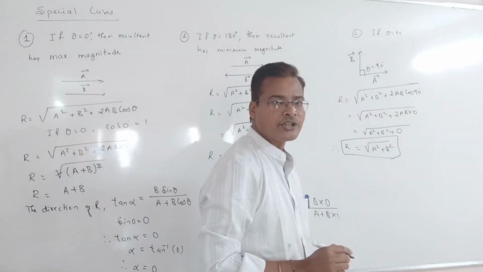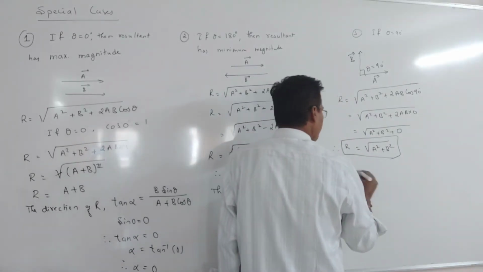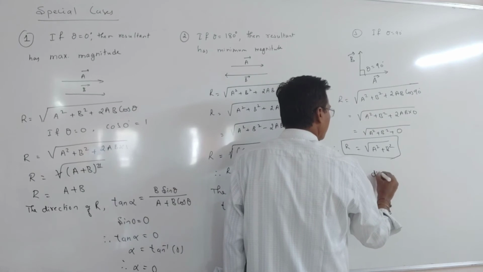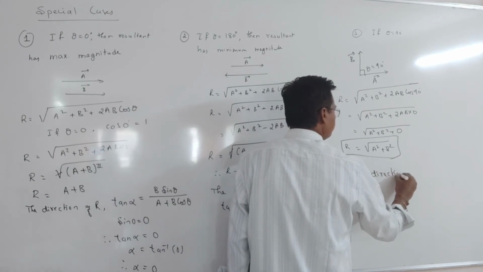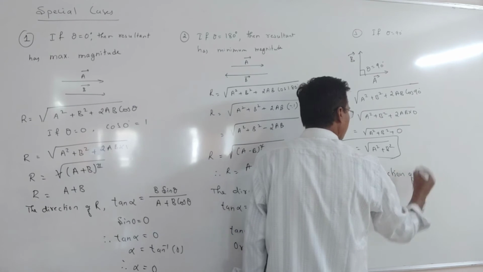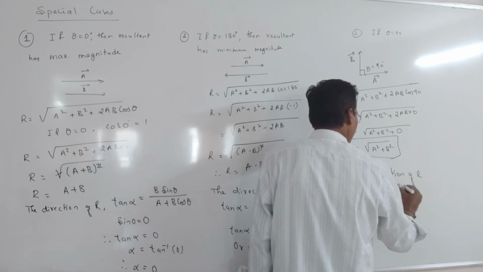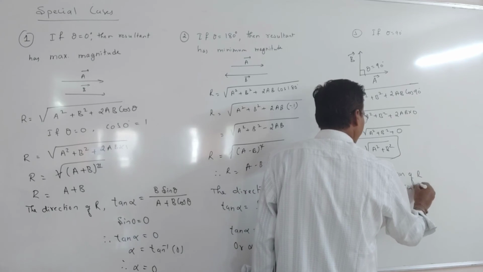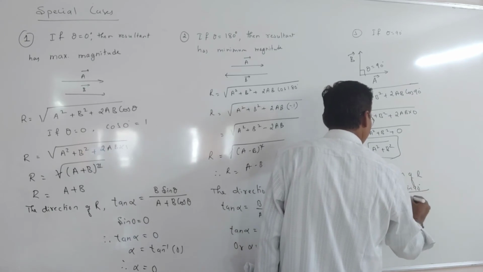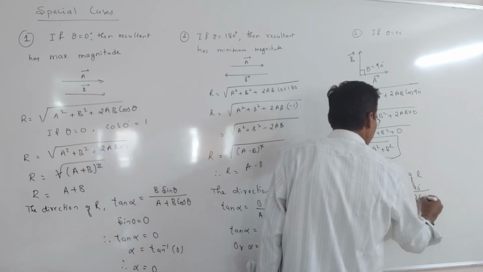Now the direction we want to calculate, the direction of R. Tan alpha equals b sin 90 divided by a plus b cos 90.